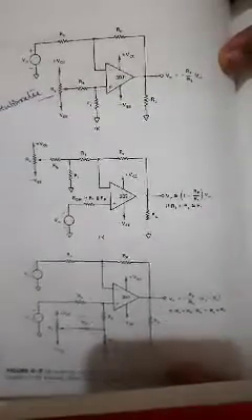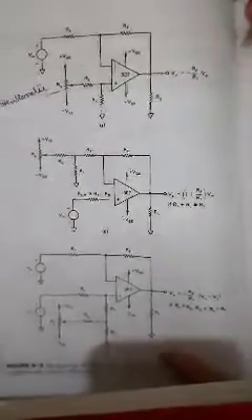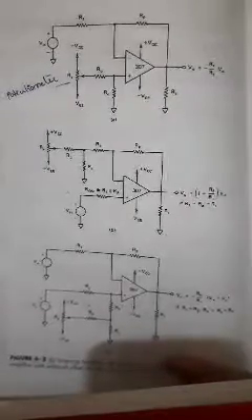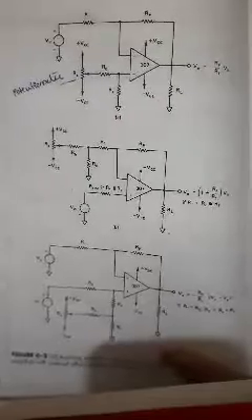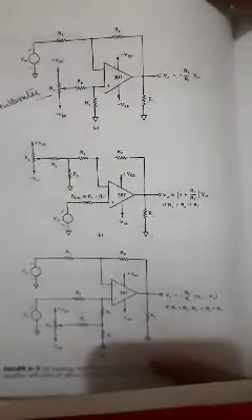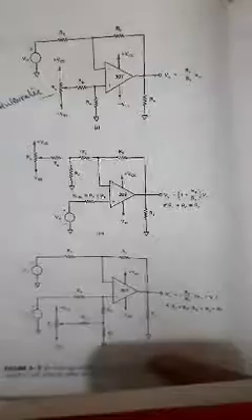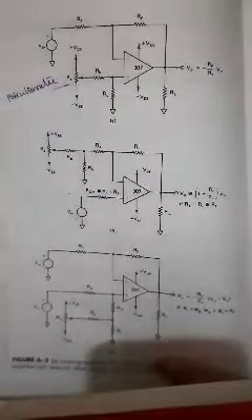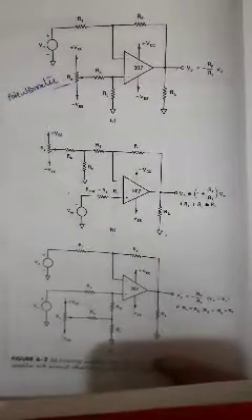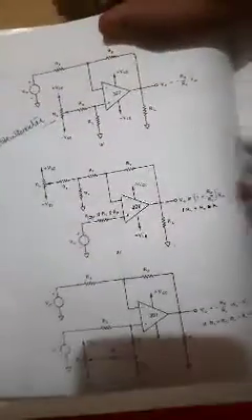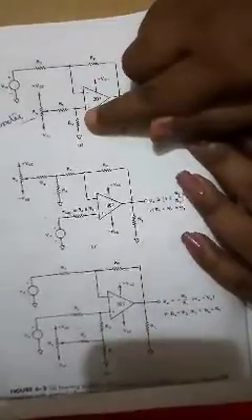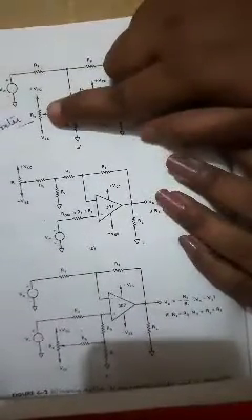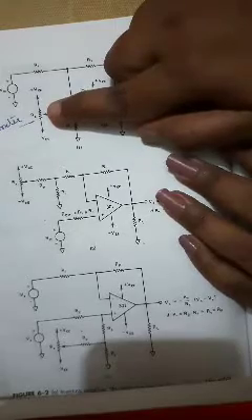Here you can see another circuit. When an op-amp is without inbuilt offset null capability, then an external offset voltage compensating network should be used as shown in the figure. Here you can see this is RA, this is RB, this is RC. This RA acts as a potentiometer.